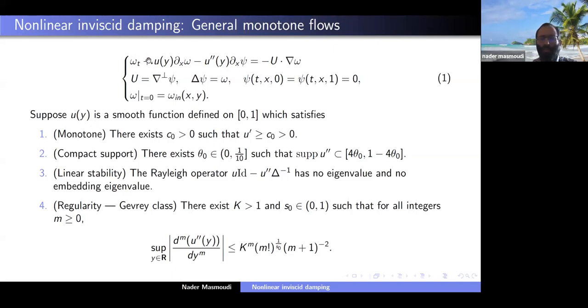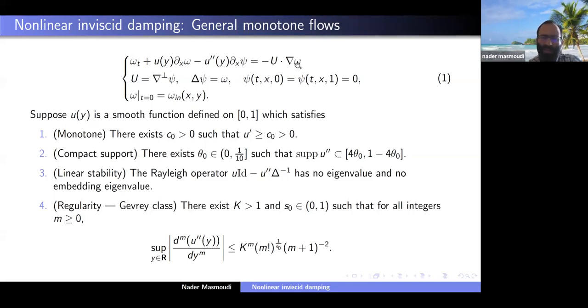Of course, now when you perturb around a shear flow which is not Couette, you will get an extra term from the linear analysis. There is another term, which is this one. This is the nonlinear term.